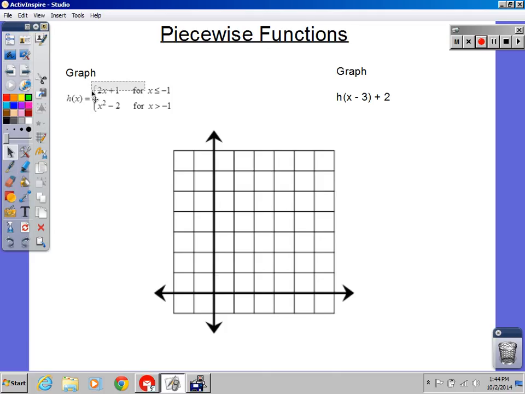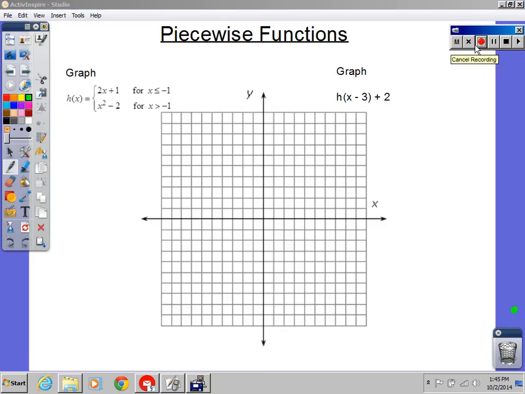I'm going to do the 2x plus 1 here first. So 2x plus 1, starting at negative 1, is going to start here, up 2 over 1. But x is less than 1. So I picked a bad graph here. Hold on a second. All right, we're back here.